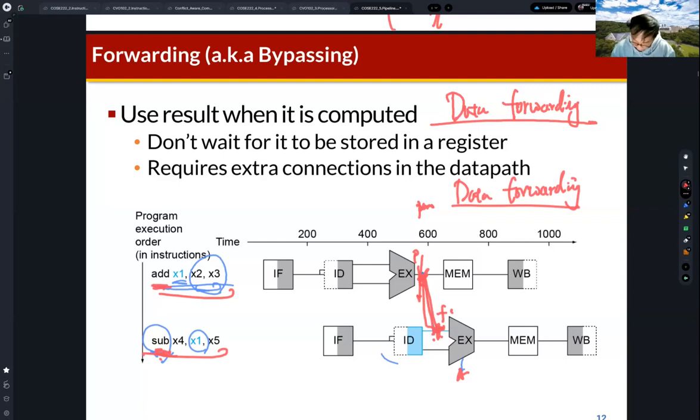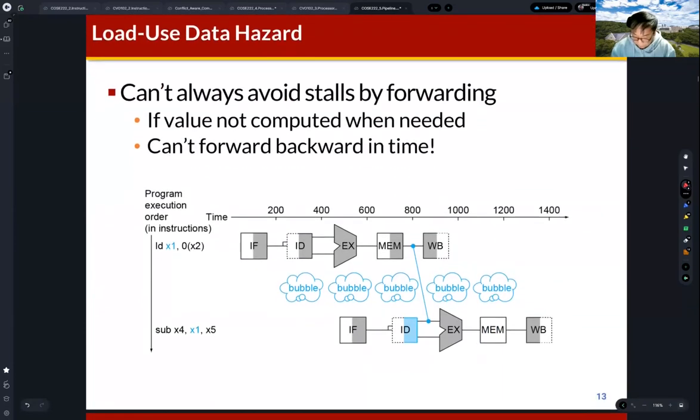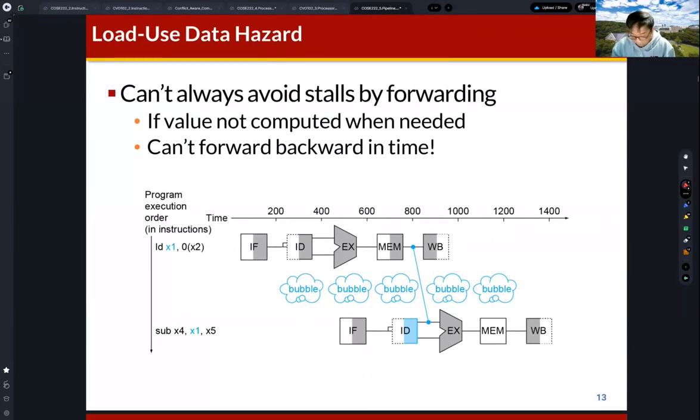Okay, so in this figure, you can find that the data is done at this time, and the data is used at this time. But if the former instruction is the load instruction, then we cannot avoid data hazard using data forwarding.